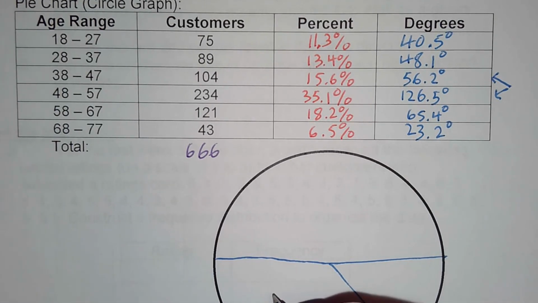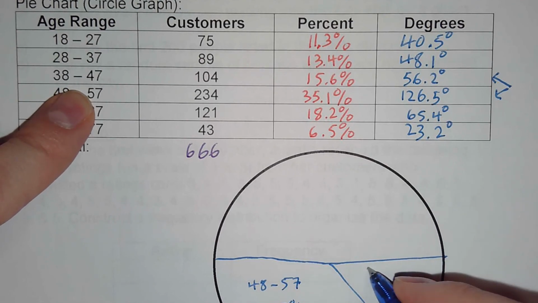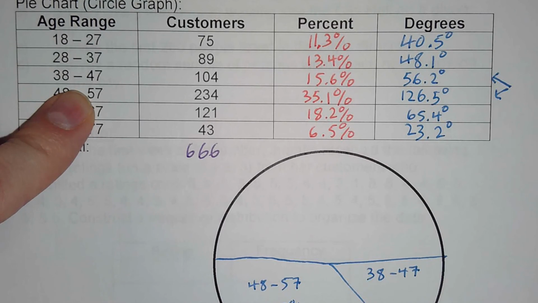So this is my range here, 48 to 57. The percentage here would be 35%. And this other one is 38 to 47, and that's about 16%.